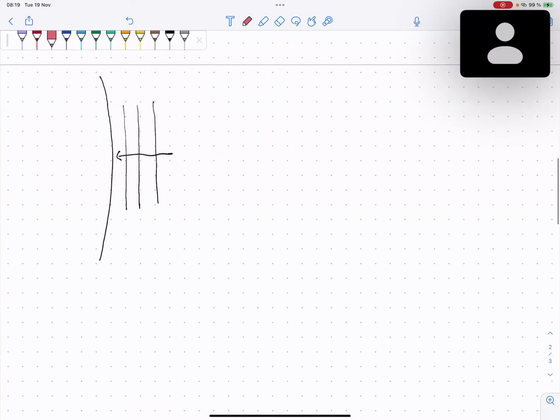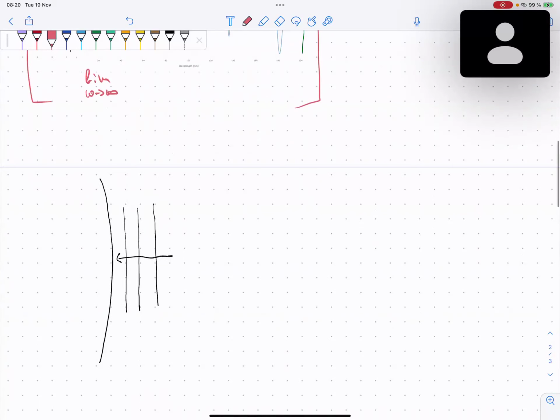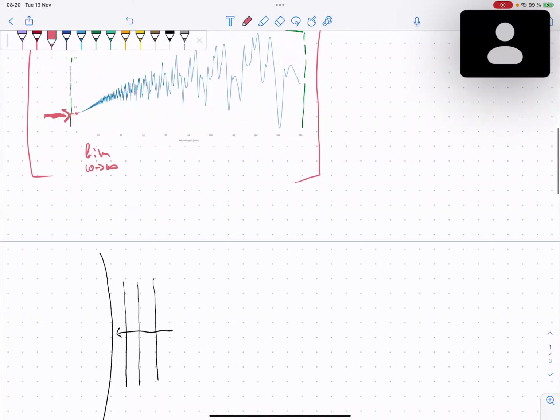So when lambda goes to 0, our sphere for our plane wave is so big that it is just like a boundary between two media.